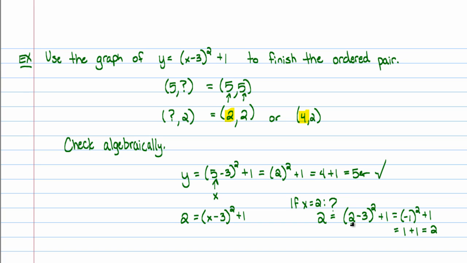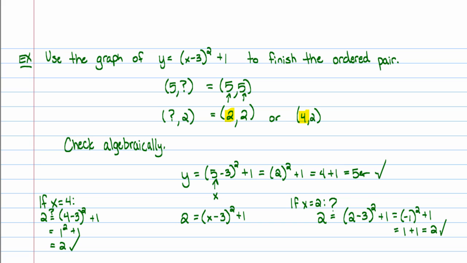So is it true that 2 is equal to 2? Sure is. And then you could do the same thing if x is equal to 4. Well, again, we want to know, is that y value of 2 going to equal 4 minus 3 squared plus 1? Well, 4 minus 3 is just 1, squared, plus 1. And 1 squared is just 1, so that's 1 plus 1, or 2, which again checks out.